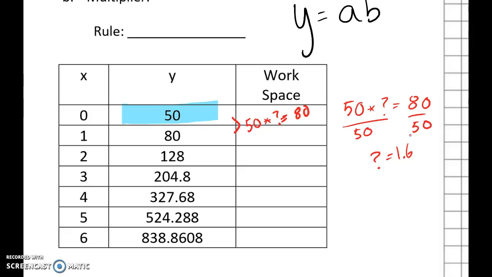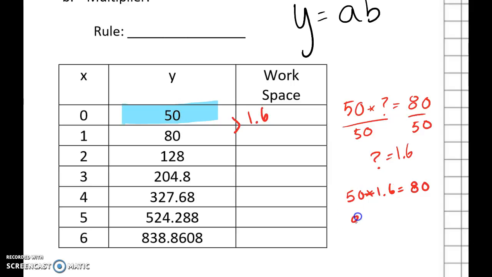So in other words, I'd go back in and I would replace all this with 1.6. And we could check our work. We could go back to the calculator and just check that 50 times 1.6 does indeed equal 80. So that looks good to go.